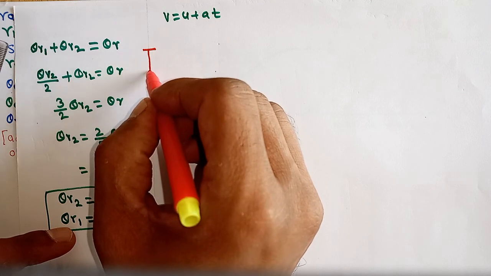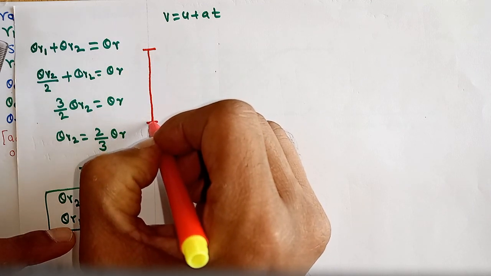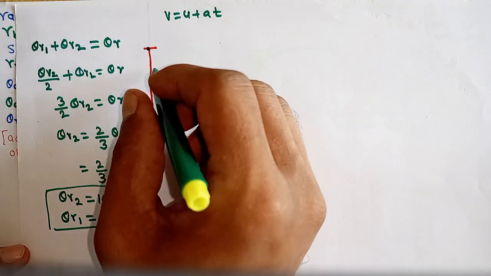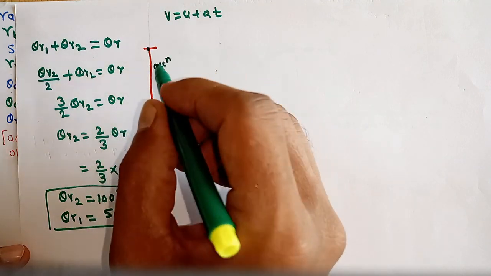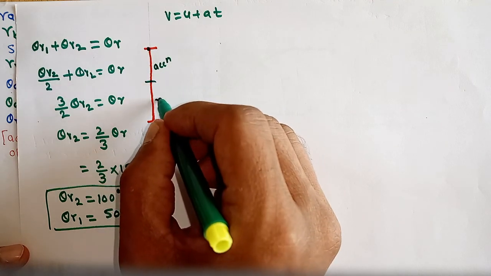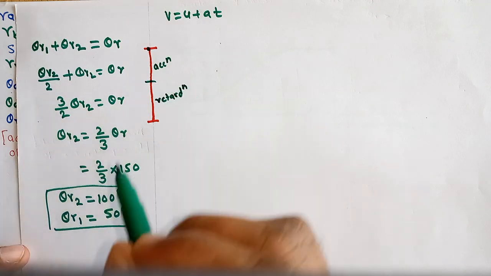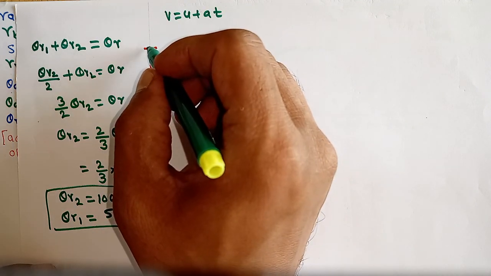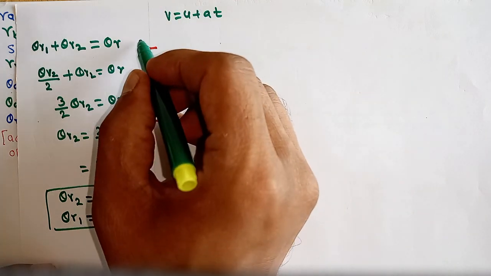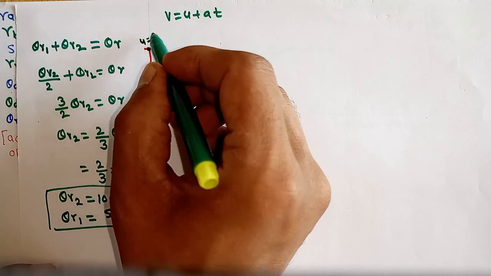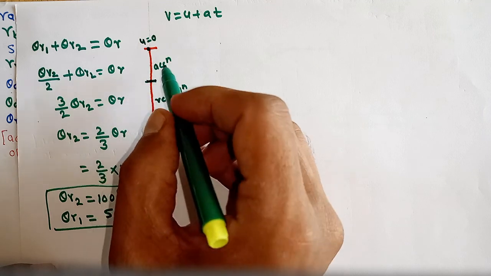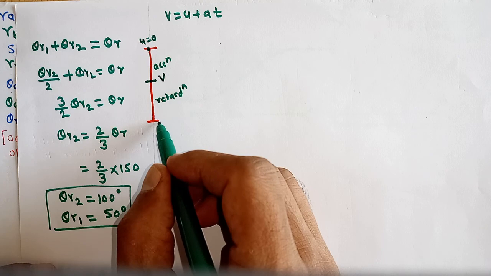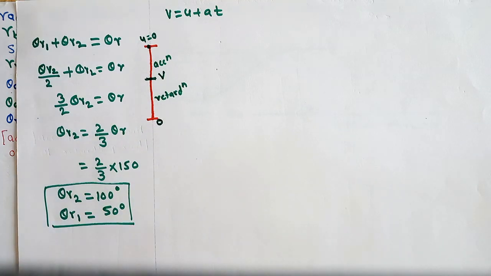The follower starts to return from the topmost to the lowermost position, and when it starts from the topmost position, it is accelerating for some period of time, and after that it is retarding. During the start of the return stroke, or the start of the acceleration, the initial velocity of the follower was 0, and at the end of the acceleration it will gain some velocity equal to V, and at the end of the retardation the final velocity will be 0.